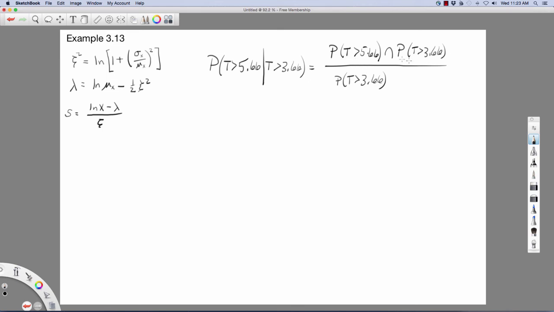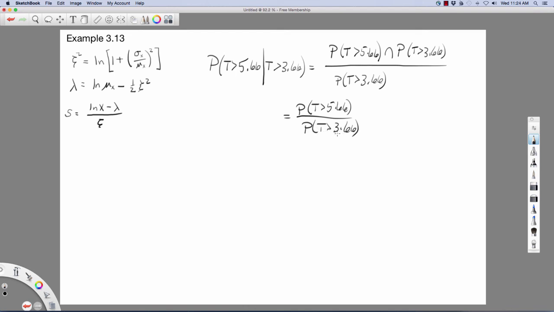So let's look at the numerator. The numerator is simply the probability that the time is greater than 5.66 intersecting with the probability that the time is greater than 3.66. The only way this can be an intersection is for all times greater than 5.66. So this is really just simply the probability that time is greater than 5.66, and we're dividing by the probability that time is greater than 3.66.